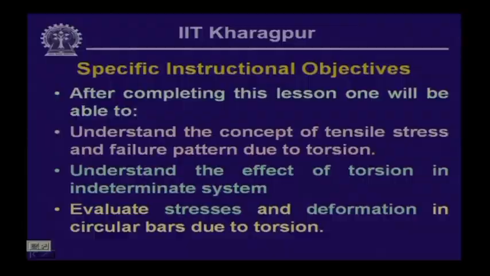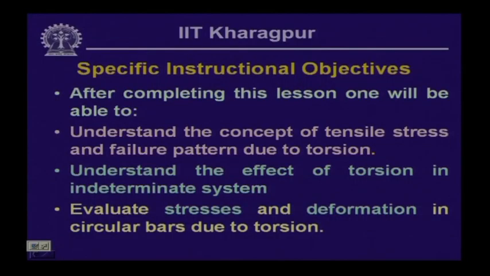Secondly, one should be able to understand the effect of torsion in indeterminate systems. So long we have discussed aspects of the determinate system. That means, if the twisting moment is acting in a bar, then we can evaluate the resisting twisting moment from simple equilibrium equations. Now, we are going to look into systems where, by using equilibrium equations alone, the internal resisting twisting moment cannot be determined.